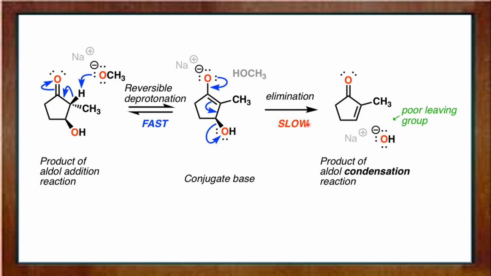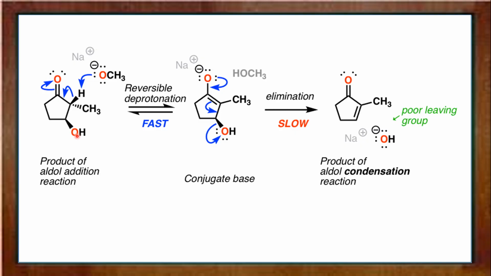Therefore, the second step is the rate determining step, and it results in the formation of an alpha beta unsaturated carbonyl compound. So here, on the beta carbon, there is an electron withdrawing group, the carbonyl, and the leaving group OH is a poor leaving group.